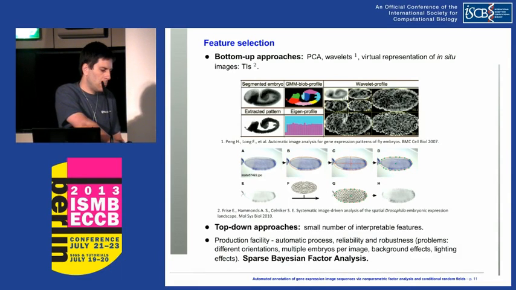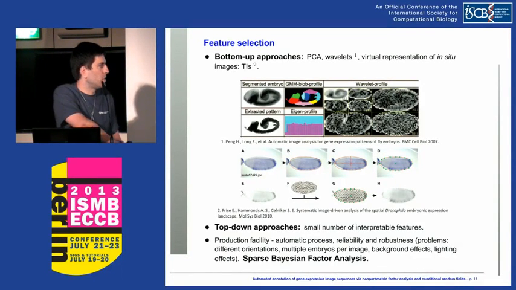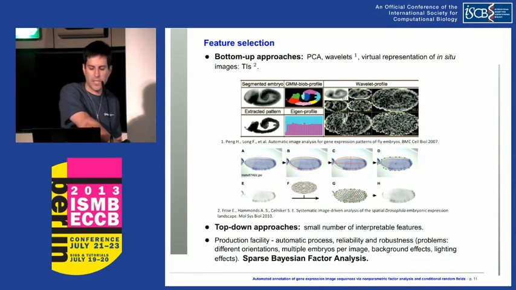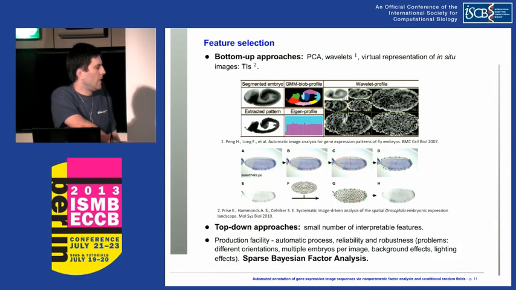And one problem that might come here will be the redundancy across your features. If you really want to run this in a pipeline, if you want to make this really feasible, you would really like to minimize the number of features that you're extracting for a given image. And what sometimes people do, they look at a top-down approach, which would finally generate a much smaller number of interpretable features. And this is what I did.